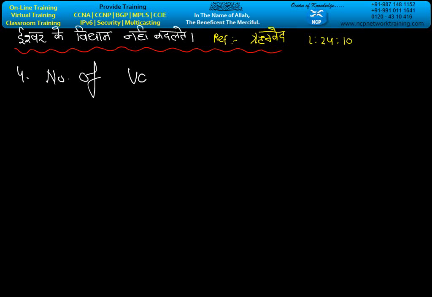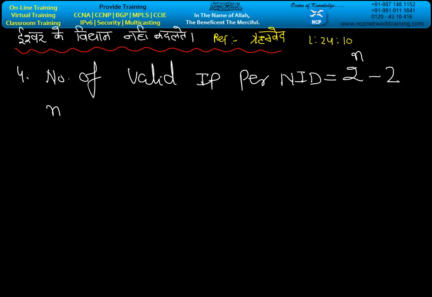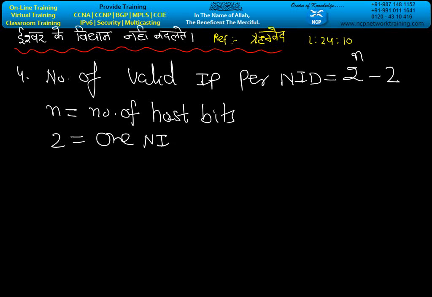Number of valid IP addresses per NID equals 2 to the power n minus 2, where n equals the number of host bits, and the 2 means one NID and one BID, because each network has one NID and one BID.